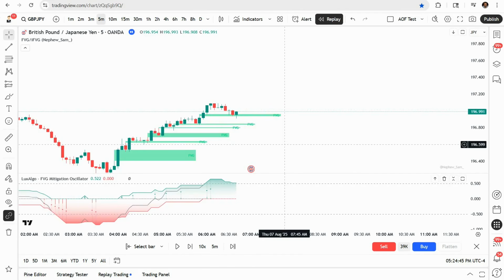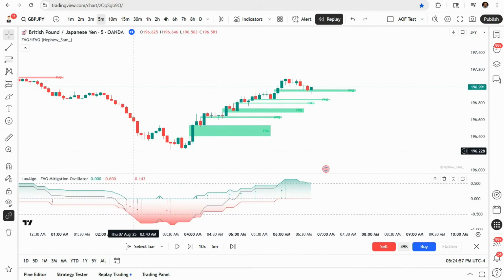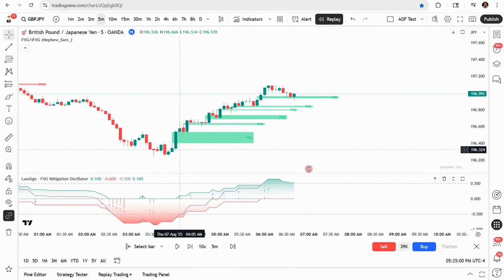Now, the fair value gap, we have looked at those a few times here on the channel. Again, I won't go into too much depth about them. You can always research them to get more information. But essentially, it's something that happens within a 3-bar pattern. So basically, you have candle 1, candle 2, and candle 3. Anytime candle 1 and candle 3 have a gap in between them and they don't overlap bodies or wicks, you get a gap like this here.